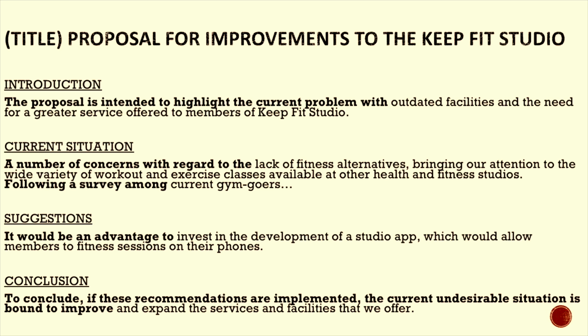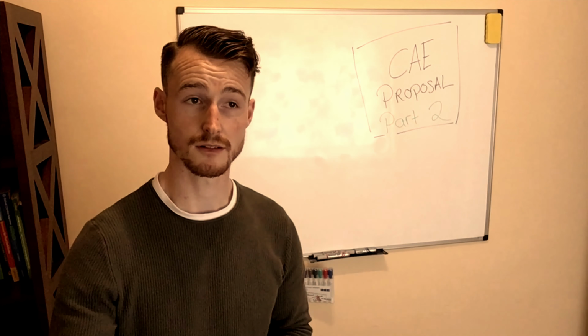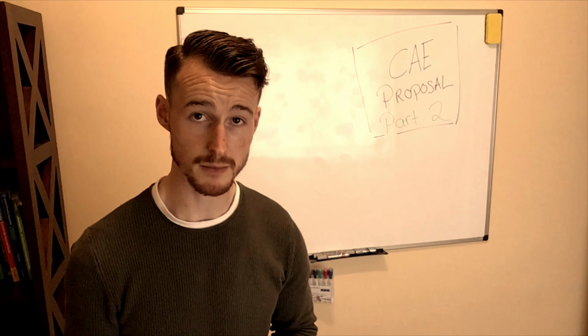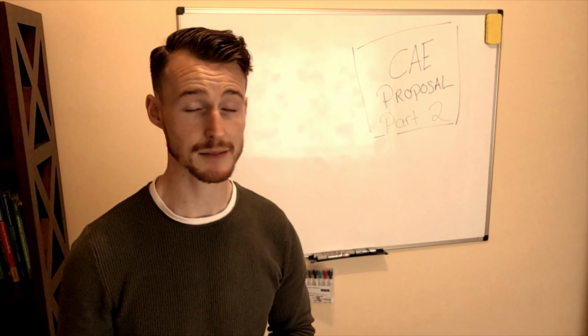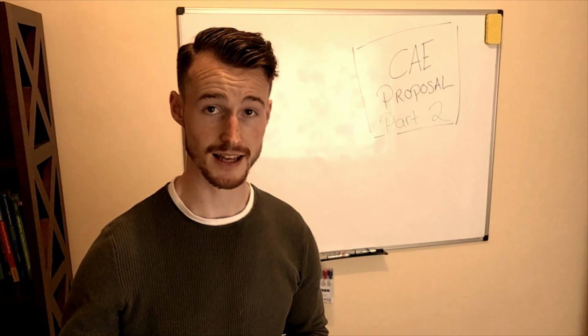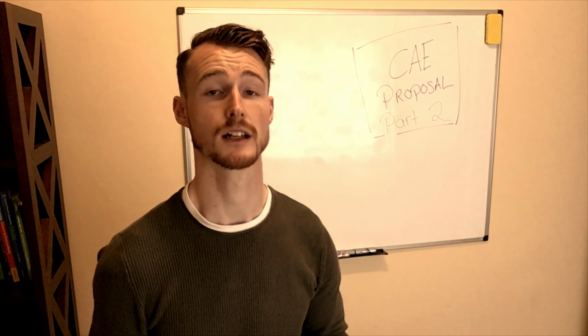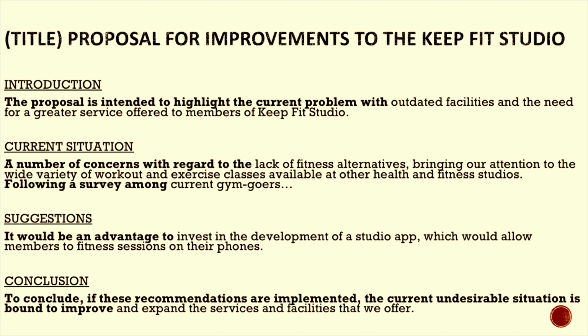Following a survey among current gym goers, and then this is where you would include some made up statistical number, for example 70-80% of gym goers had said or had felt that, etc. The next paragraph we have the suggestions. It would be an advantage to invest in the development of a studio app which would allow members to fitness sessions on their phones. Next up, and finally, we have the conclusion.